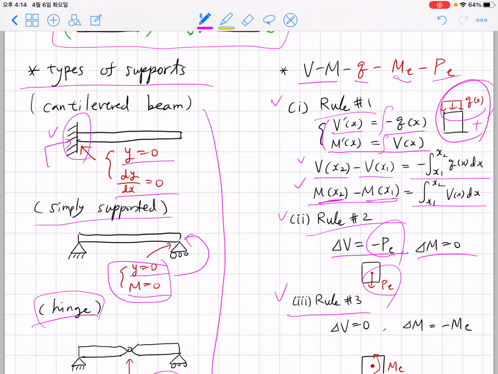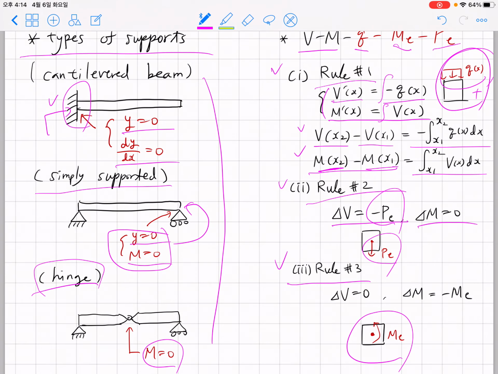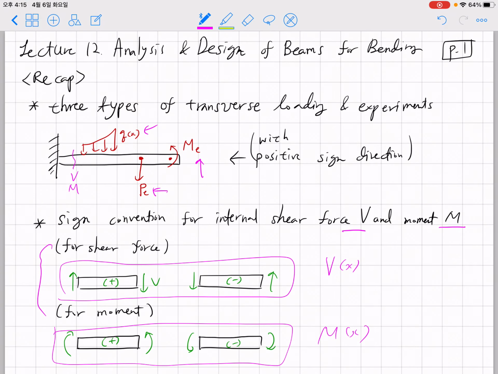And regarding rule 3, when you have an external point moment, there is continuity in V and no discontinuity in V, and there is discontinuity in M, and the magnitude of discontinuity is minus M. Okay, so with that, we can finish the summary of the previous lecture.